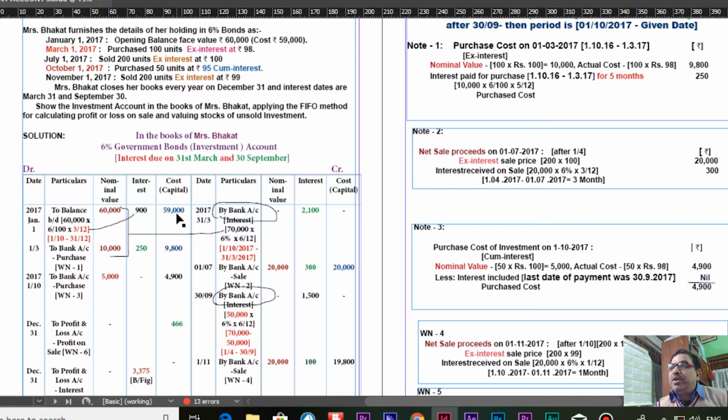I know the nominal value is given, but that investment is lying with the government. Therefore, I have to charge interest, and the interest rate is given at the beginning of the bonds, that is 6%. Therefore, charge 6% interest, 60,000 into 6 by 100 into 3 by 12.